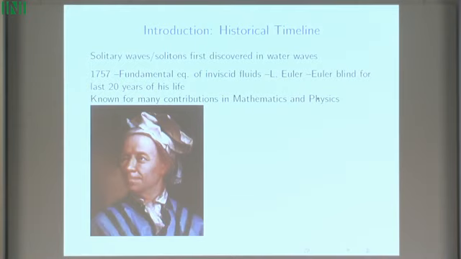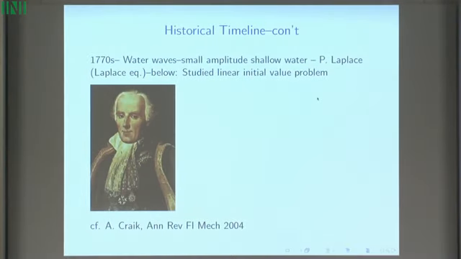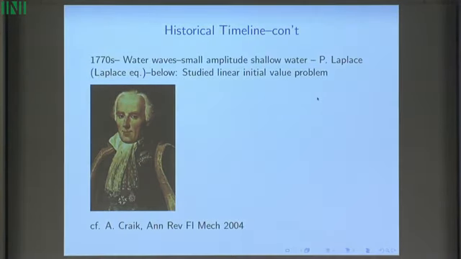And there you can see a droopy right eye, and he was, of course, a profound mathematician. And then a few years later, Laplace studied small amplitude, shallow water waves. And we know about Laplace's equation, and in fact, it plays a role in ideal fluids and in water waves.